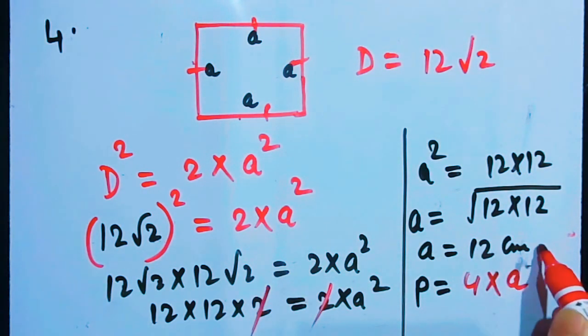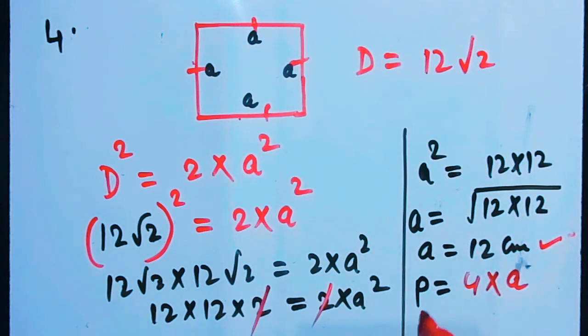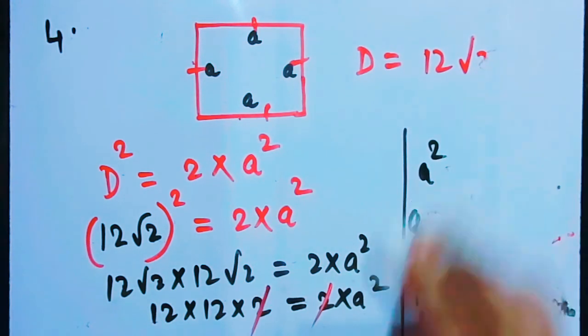We have already found out the side a, therefore perimeter will be equal to 4 into 12, which is 48 centimeter as our solution. The others, like number 5 and number 6, are of the same type, isn't it?